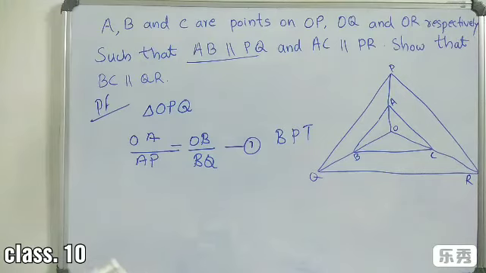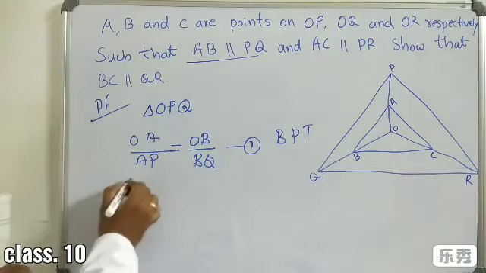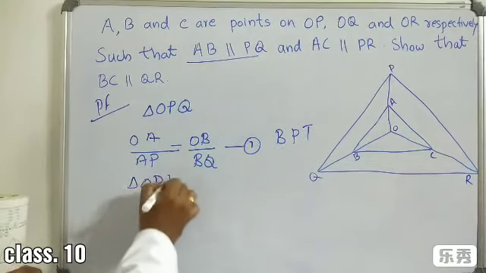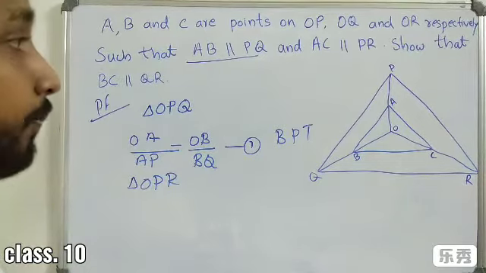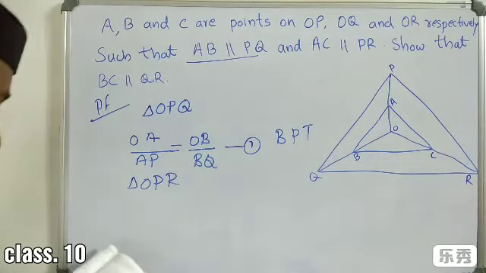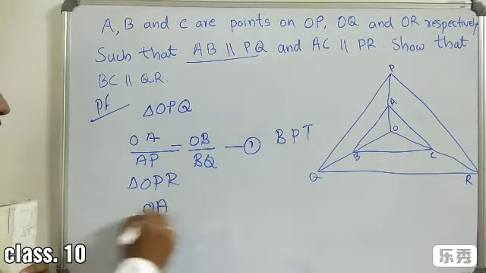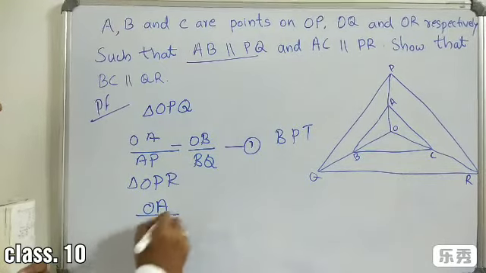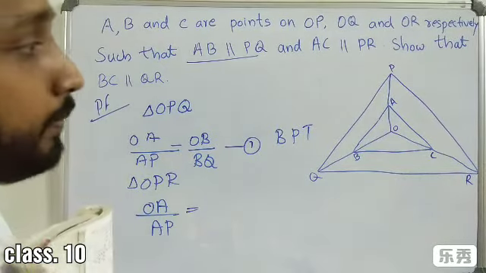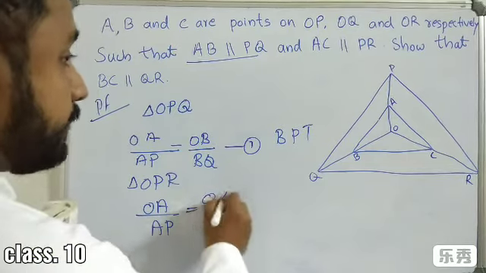This is equation number 1, by BPT. Then we have triangle OPR. In triangle OPR, we can say that OA by AP is equal to OC by CR.